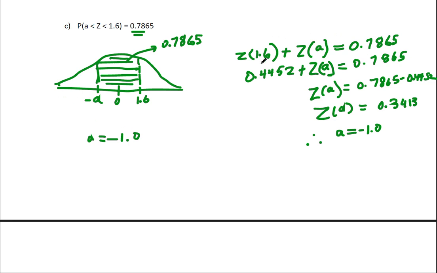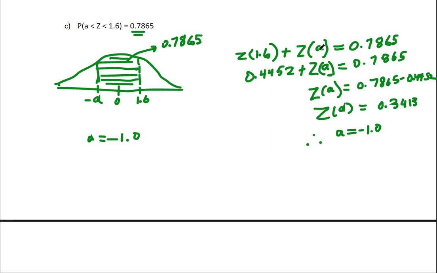And the easy way to derive probabilities from the half table where one value is negative and one value is positive is to simply take the table readings for each of the values in the interval, and add them.